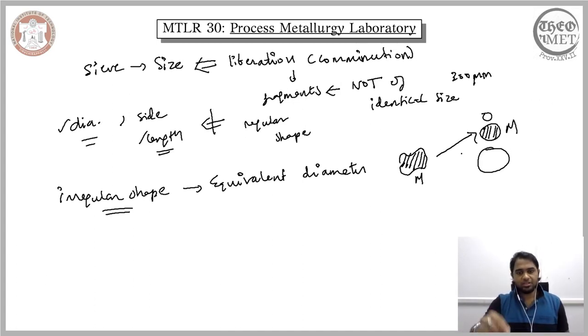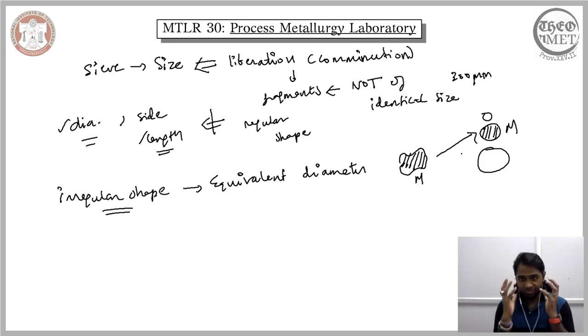So essentially, from a theoretical standpoint, whenever you have irregularly shaped particles, which is often, you would have to use a specific terminology called equivalent diameter in order to understand the size of that particle.